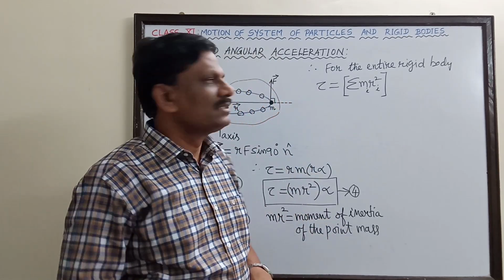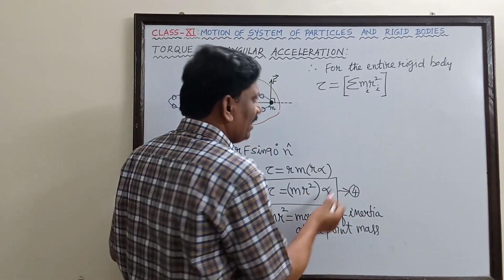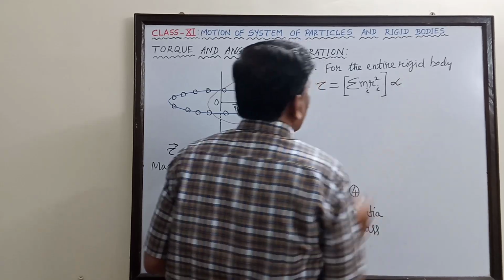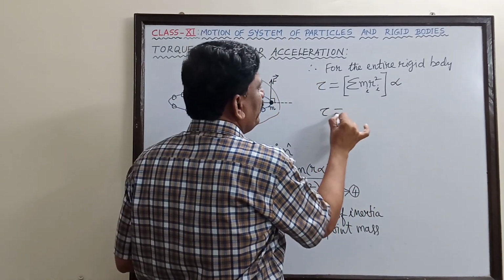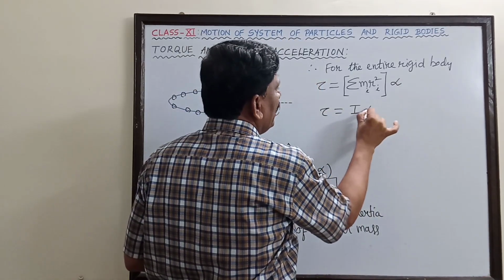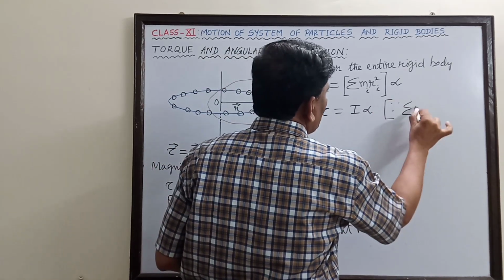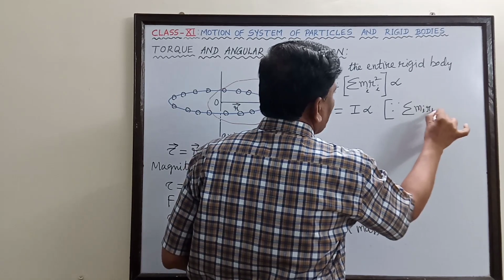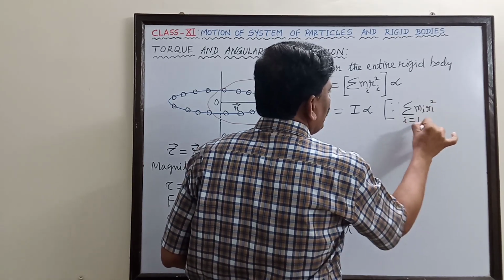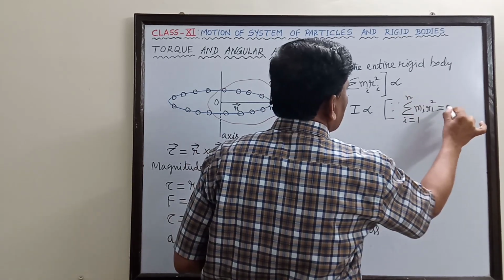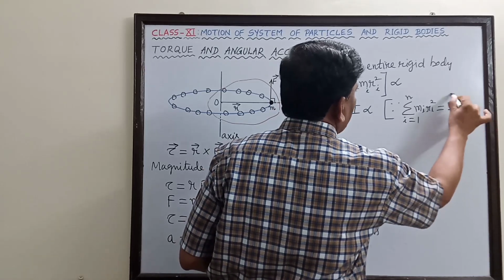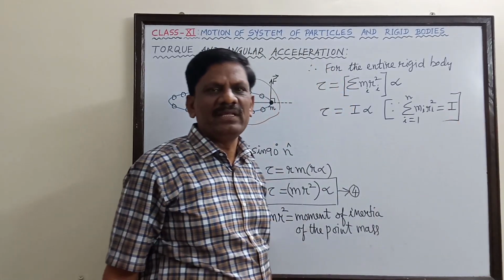So into this alpha, and this is now equal to I into alpha, where this sigma m_i r_i square, starting from i equal to 1 to the nth particle, is called the moment of inertia of the rigid body.